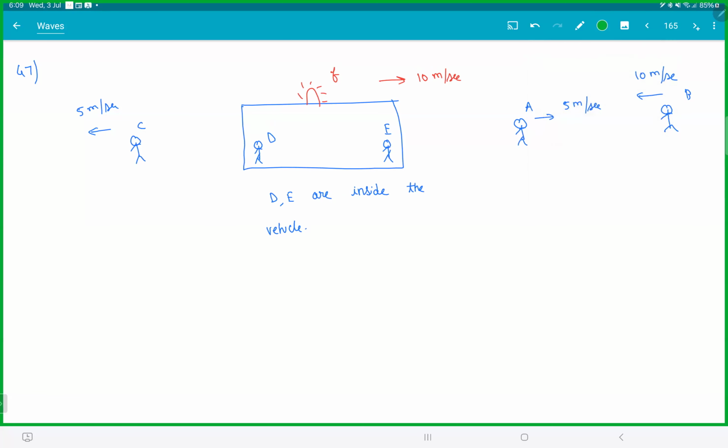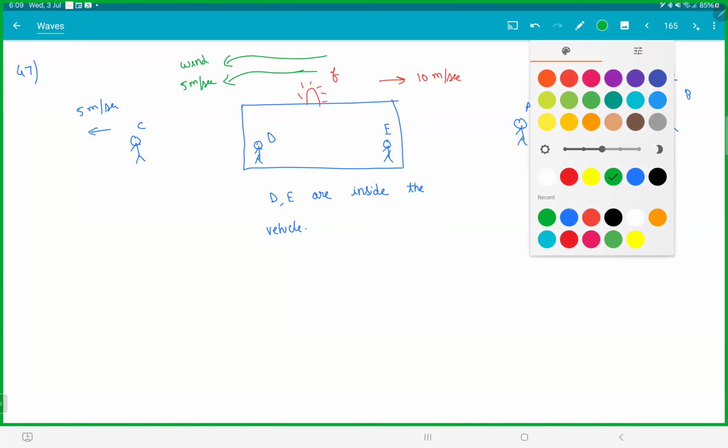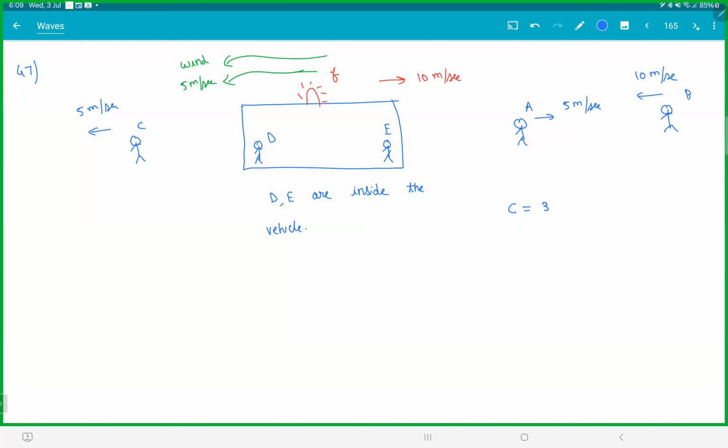And in all this, we have wind blowing this way. Let's say wind speed is another 5 meters per second. The speed of sound is 330 meters per second. The frequency F is 500 hertz. Now, I don't want you to simplify this. I just want you to write like this.